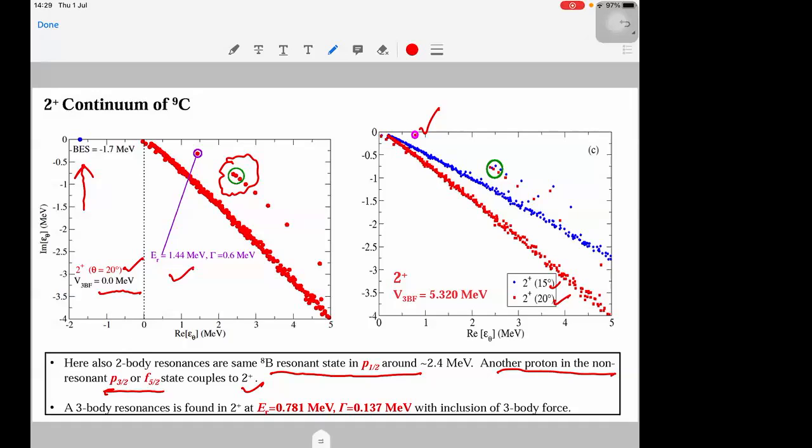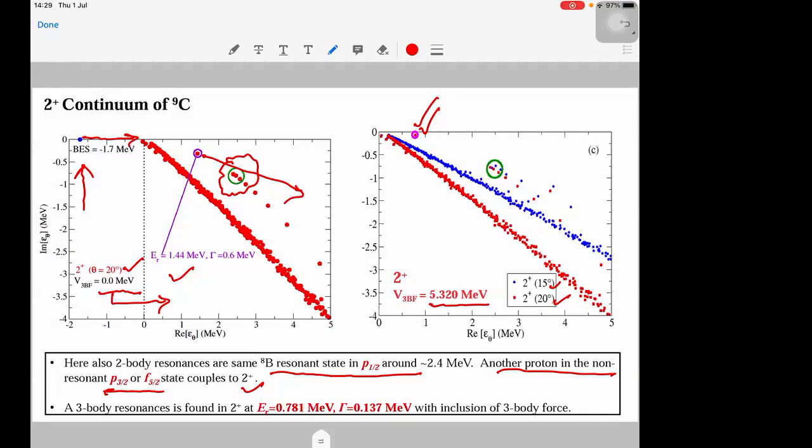Again, one can clearly ask me what will happen if I use this three body force strength the same as the ground state. Yes, this will move somewhere here. This will move somewhere here. But still I have bound excited state, which is not the realistic case. Then I further fine tune my three body force strength to fix the resonance at the known experimental energy.